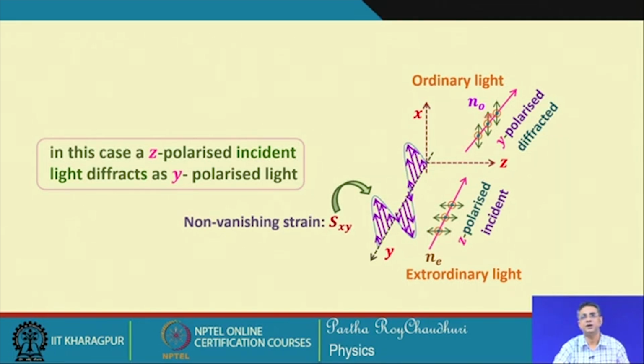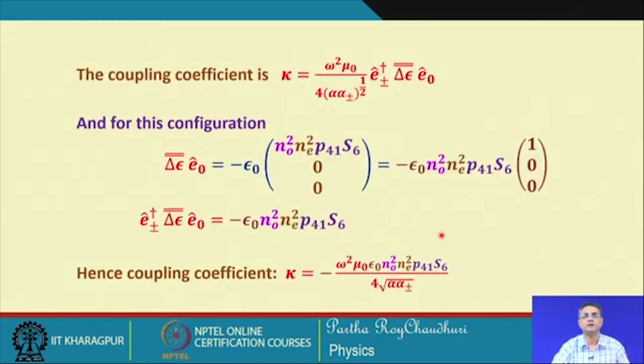When it is diffracted out, it will be an O wave, that is ordinary light, and its polarization will be along the x direction. So, that is a very interesting consequence, that from an extraordinary light we get an ordinary light in terms of the polarization.